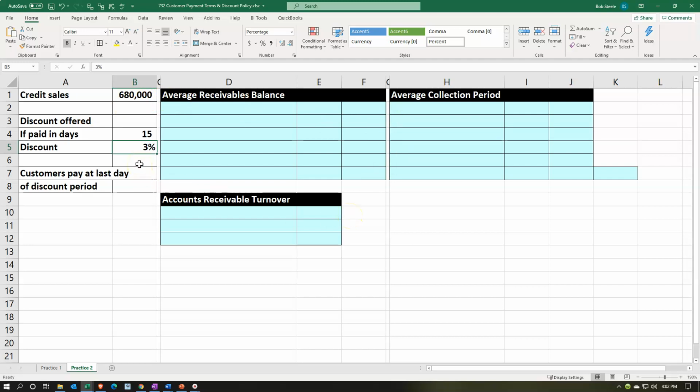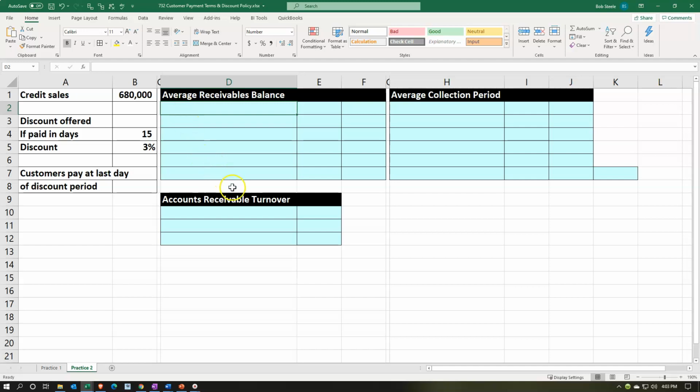If we were to have a discount of the 3%, and we're going to assume that due to that, we're going to have people paying us within the 15 days as opposed to waiting out for the 60 days, which could increase our ability to get paid sooner, but at the expense of us having to pay the discount. So then we're going to have to balance those two things out. We'll talk more about that in future problems. And again, we could have other effects as well, including possibly increasing sales. And again, we'll talk about that more in future problems.